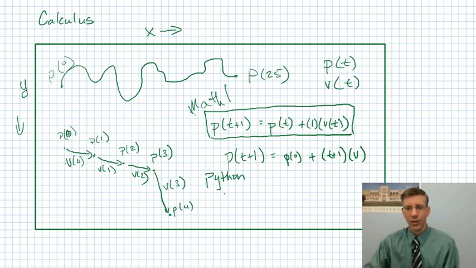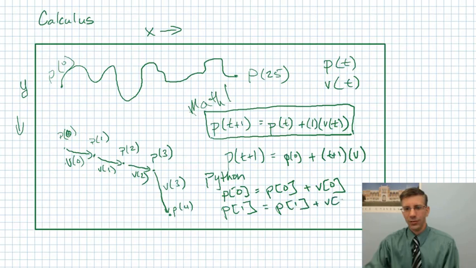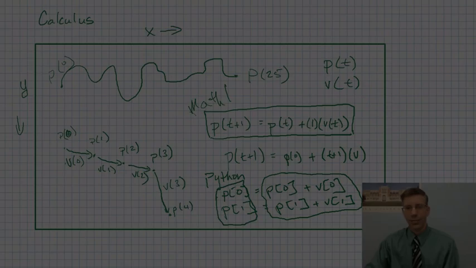This will be p of 0 equals p of 0 plus v of 0, and p of 1 equals p of 1 plus v of 1. These are the position and the velocity at the current time. This is the new position at the next time.